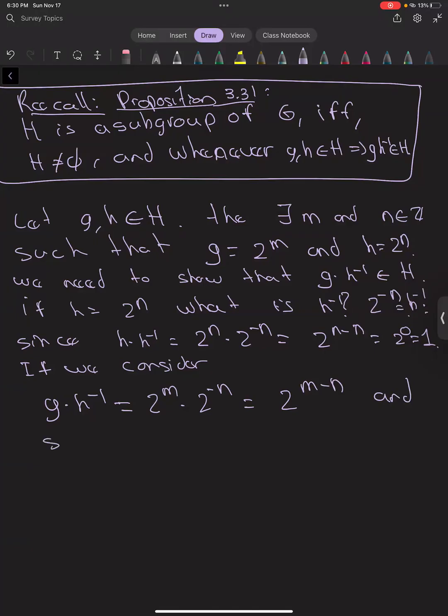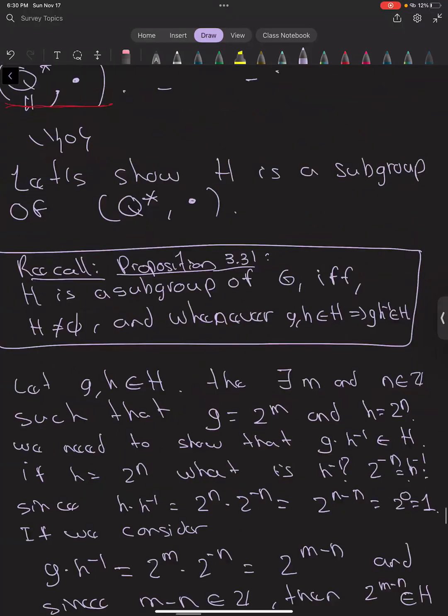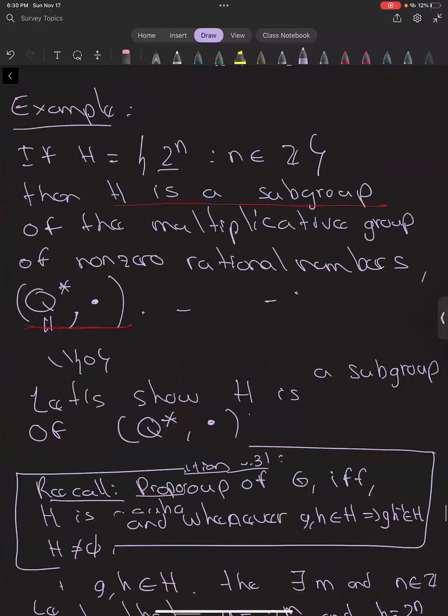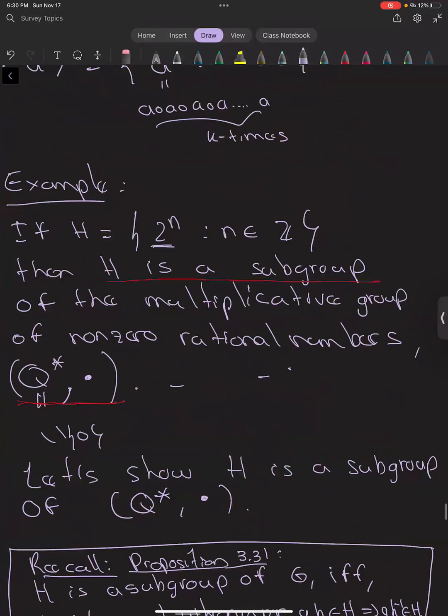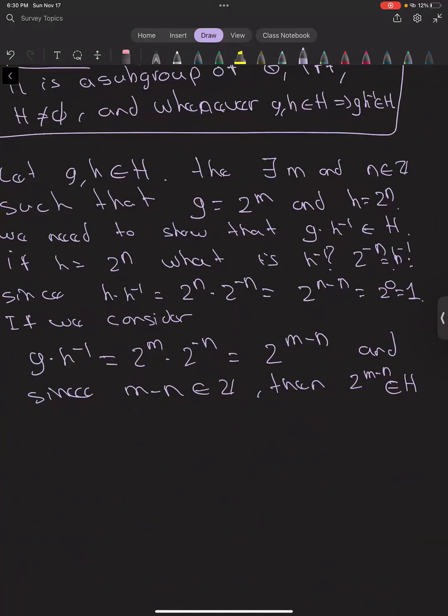Since m minus n is an integer, 2 to the m minus n belongs to H, because any element of H is of the form 2 to the n where n is an integer.